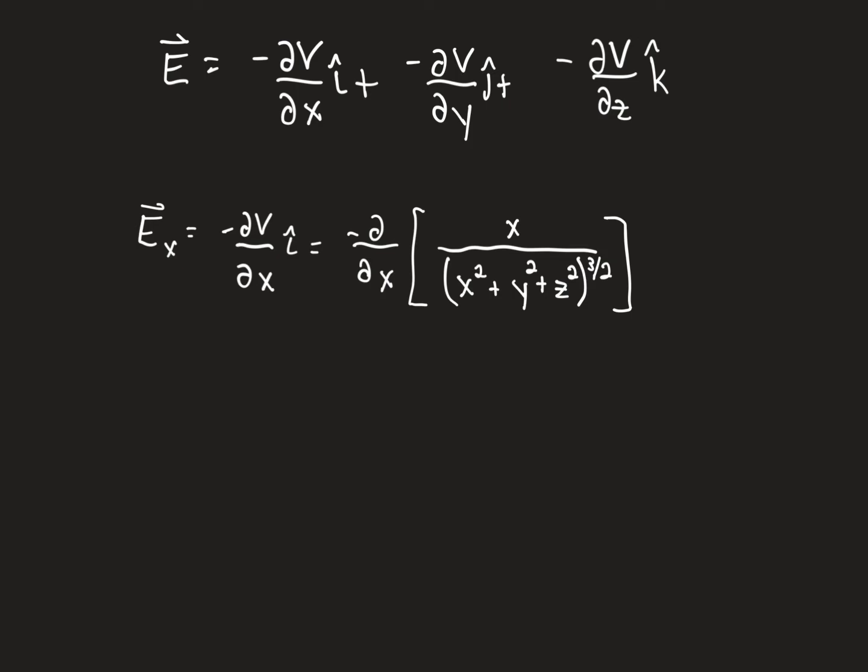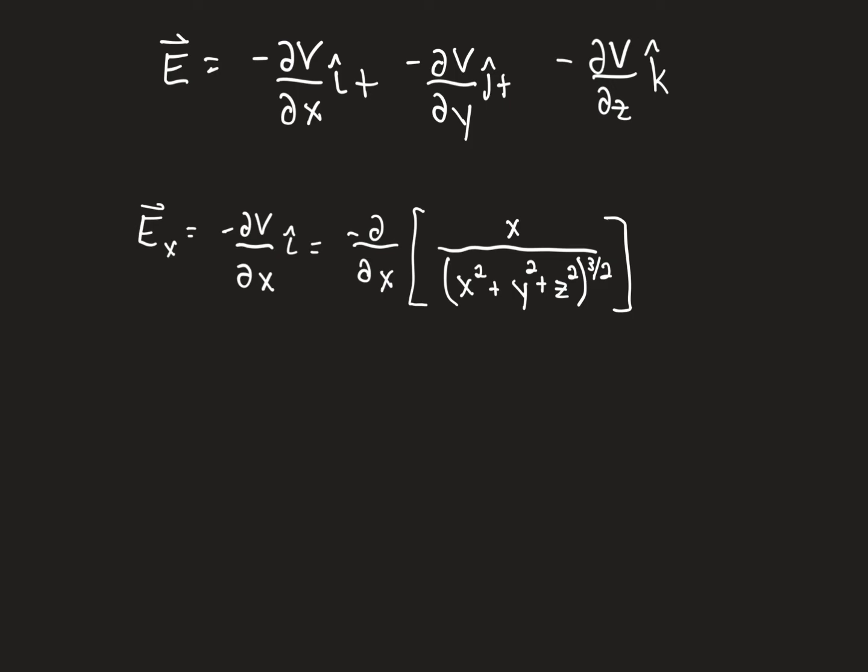Or sometimes they teach low d high minus high d low over low low or something like that. I never remember that. I remember the product rule. The product rule is so much nicer, so much easier. First times the derivative of the second plus the second times the derivative of the first. I can remember that. So I'm going to rewrite this so that I can use the product rule instead of the quotient rule.